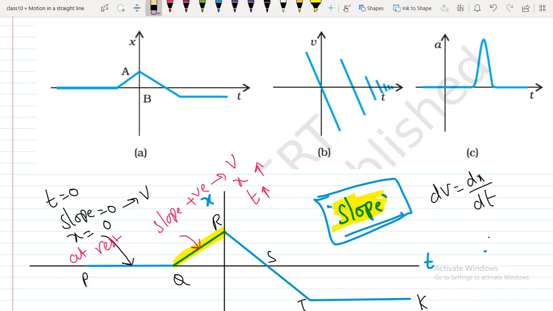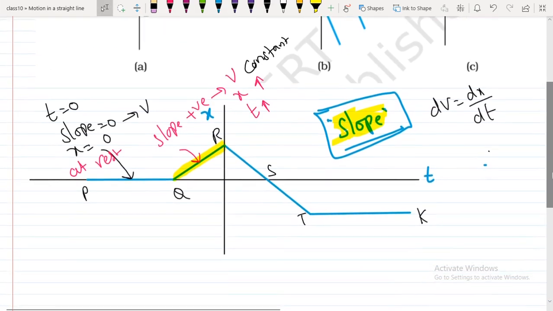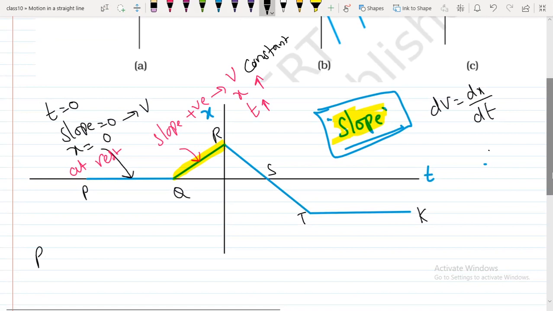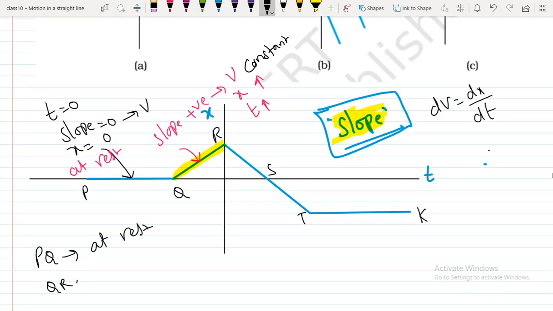The slope remains constant, so we can say that velocity is constant. So the object is moving with constant velocity. If we write that, from P to Q at rest, from Q to R moving with constant velocity.